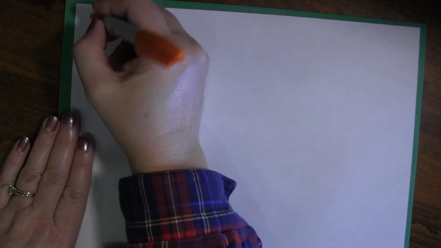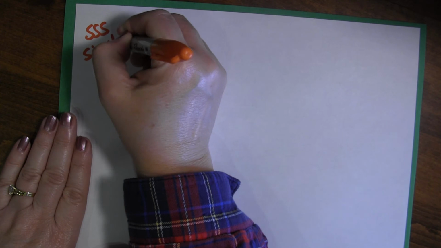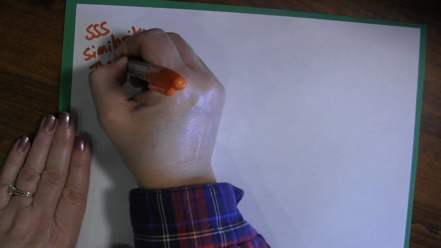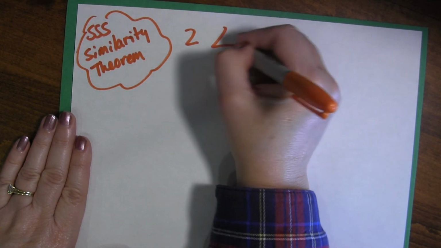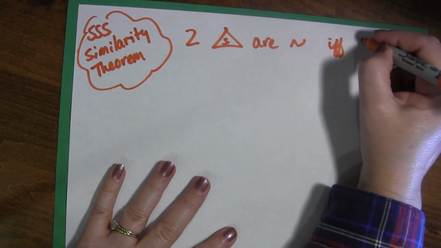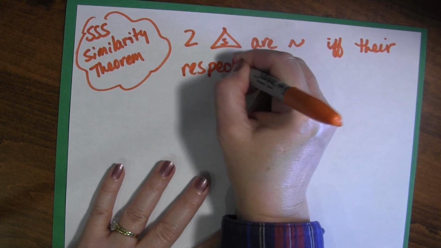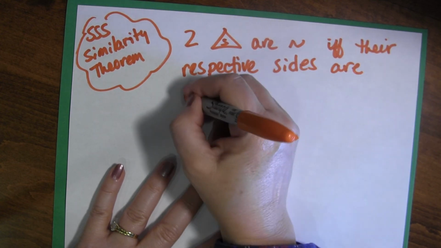Okay, let's do another one. Here's another way that we can show that two triangles are similar, and that is the SSS similarity theorem. That one says that two triangles are similar if and only if their respective sides are proportional.